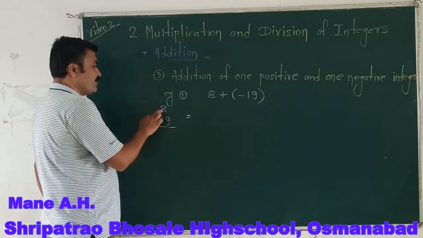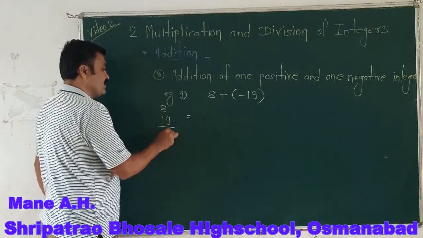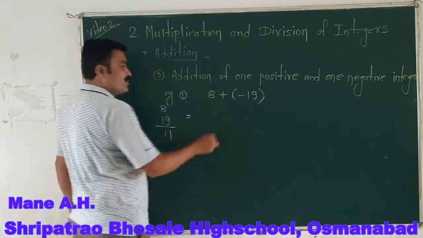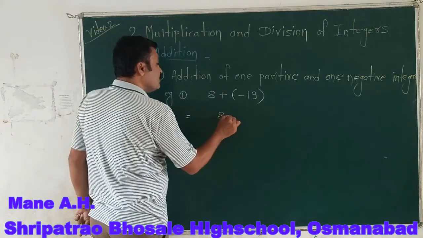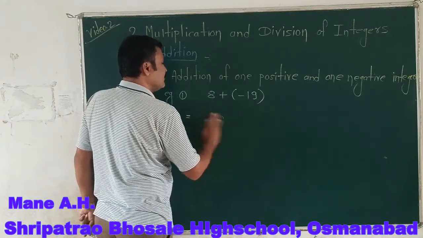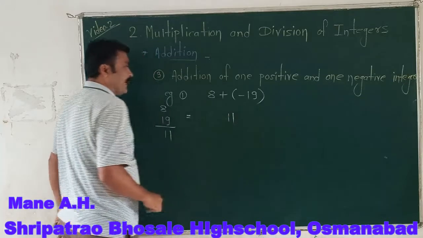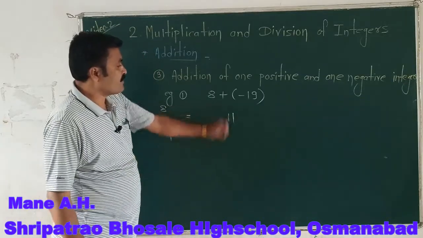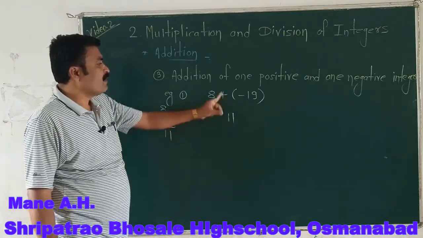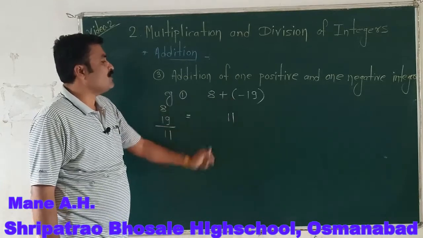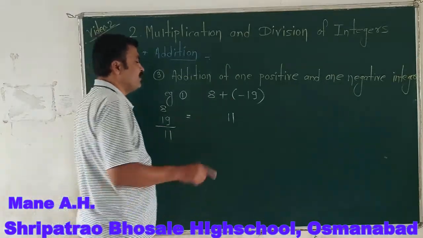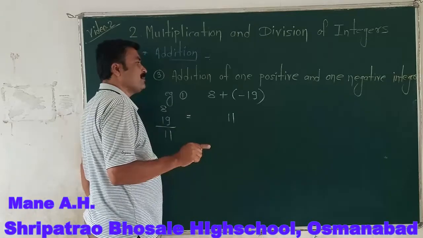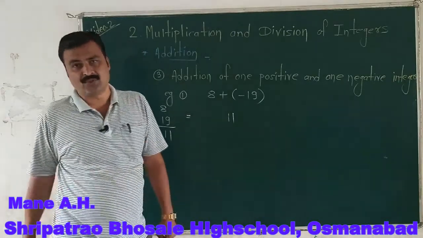So the difference between 8 and 19 comes to 11. And the final step that we want to do here, we have to put down the sign to the final answer. Now let's decide which number has more magnitude.